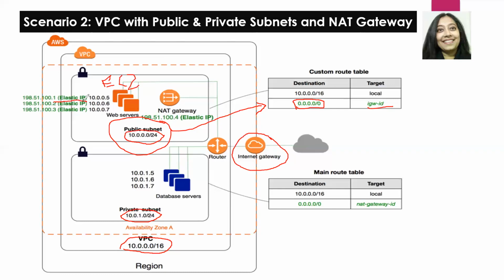Since we provisioned this EC2 instance in our public subnet, we should be able to connect to it using its elastic IP, using SSH connectivity, because I'll be provisioning a Linux EC2 instance. So we will connect using PuTTY and the elastic IP address of this EC2 instance.